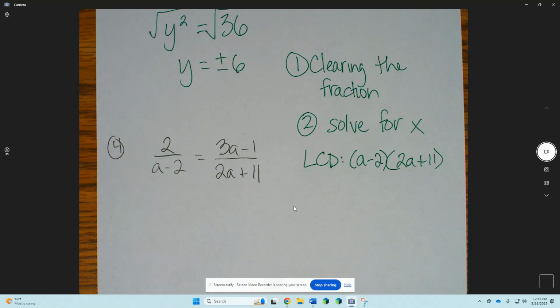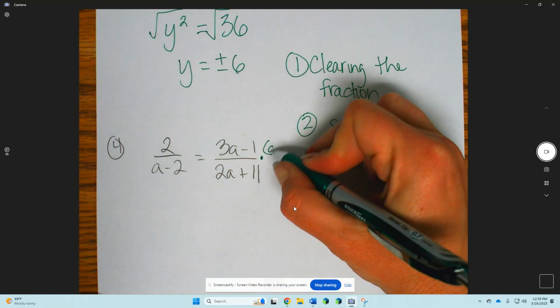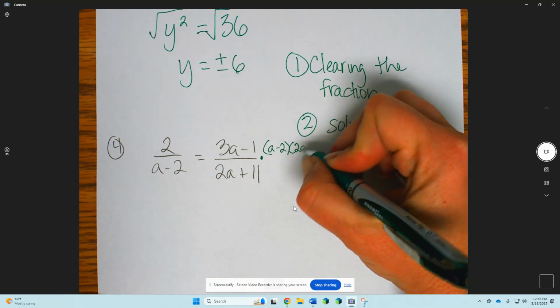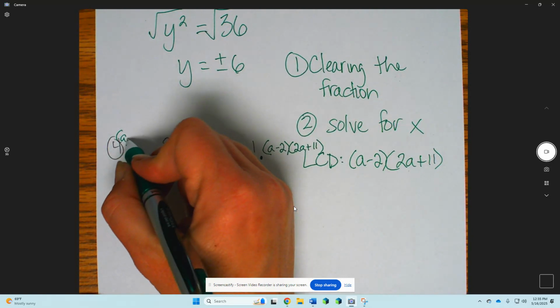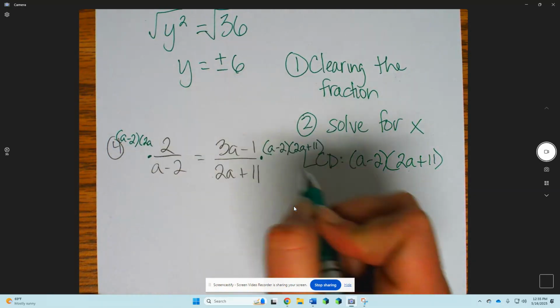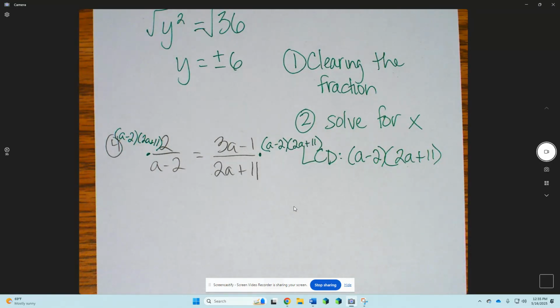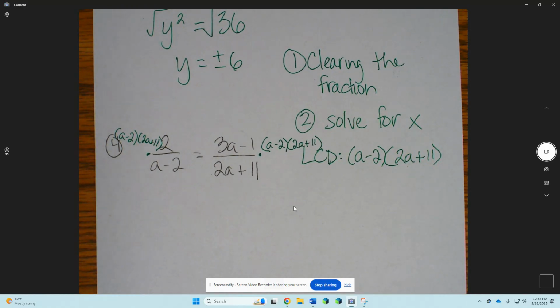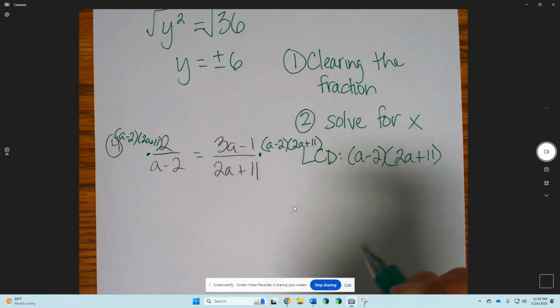So I'm going to multiply both sides by, and you leave them as parentheses, so you're writing it there. Now I'm going to cancel out what can be canceled. And obviously, if I'm going too fast, just pause the video so you can catch up on the writing.